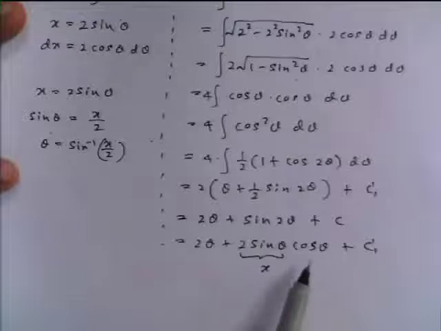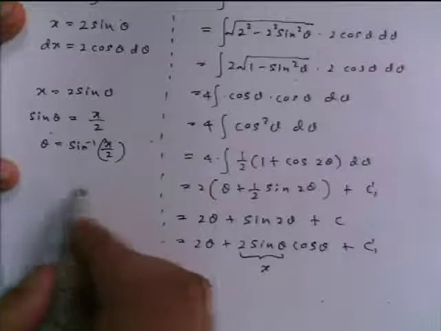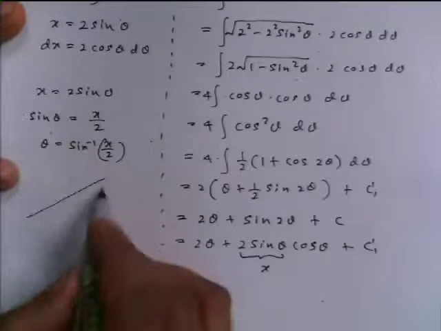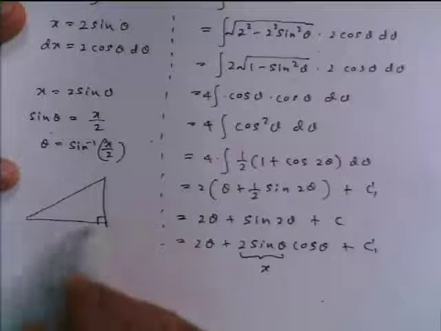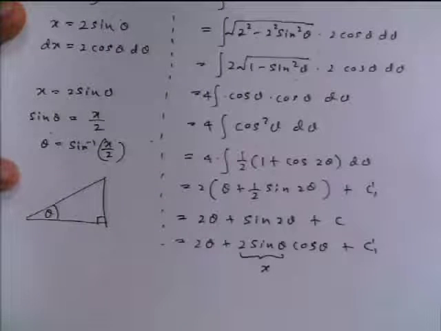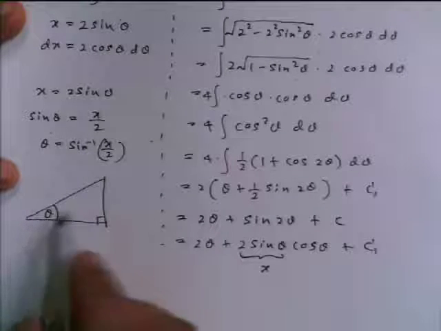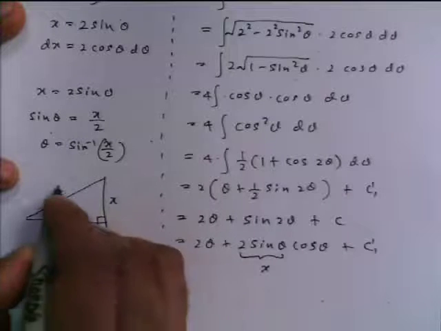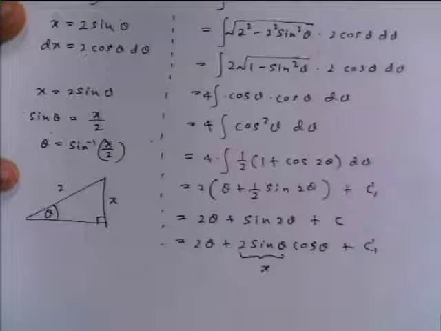But we still don't know what cosine theta is. So you can either use the Pythagorean identity, but we don't use the Pythagorean identity, we just draw the triangle. It's helpful. So we draw the triangle, because we know that sine theta equals x over 2. If we draw the triangle, if you call this theta, sine theta equals opposite over hypotenuse, that means x over 2. Is that right?